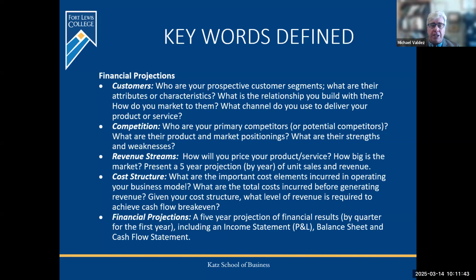Look at financial projections. We went over the financial projection model. You talked about your different customer segmentations. You're going to have to come up with a price, which obviously will have to relate to your competitive pricing, or how your competitors are pricing. It'll have your revenue streams in your financial projections, where you expect to actually get revenue from specific products, from specific geographic areas, from potential services.